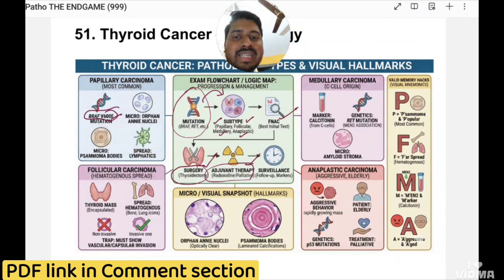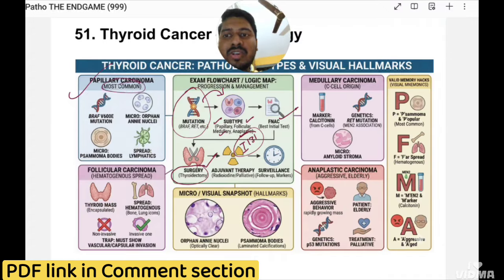Then there is adjuvant therapy using radioiodine therapy, where we use iodine-131, or we use a palliative approach for carcinomas such as anaplastic carcinoma. Then we do surveillance with the tumor markers, which we'll be discussing. Out of these, the most important is papillary thyroid carcinoma, which is the most common also, associated with BRAF mutation, and very important are Orphan Annie nuclei and psammoma bodies.